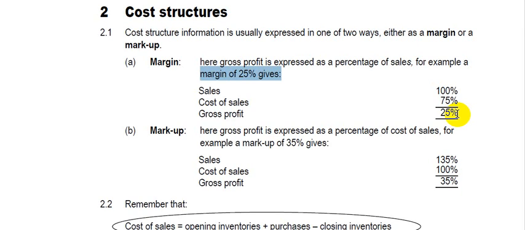When a question gives you markup, it means it's the cost which is at 100%.